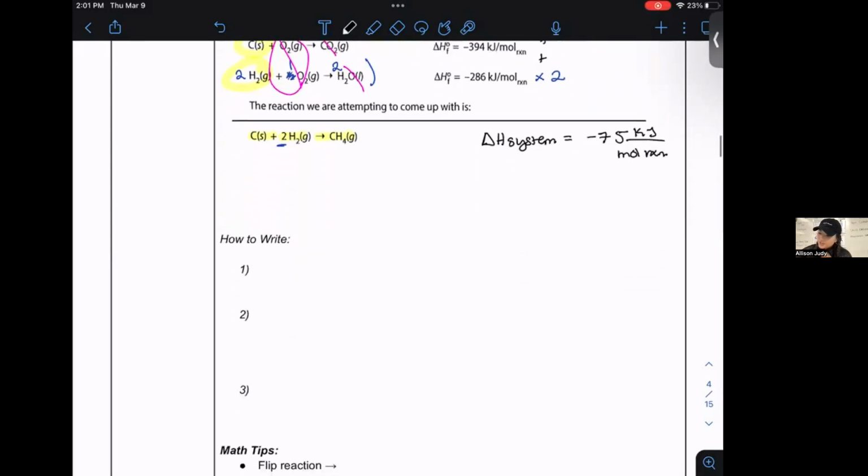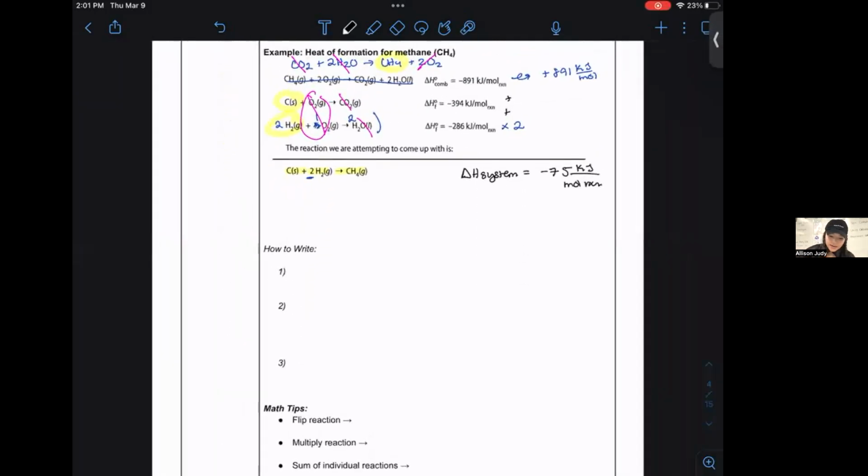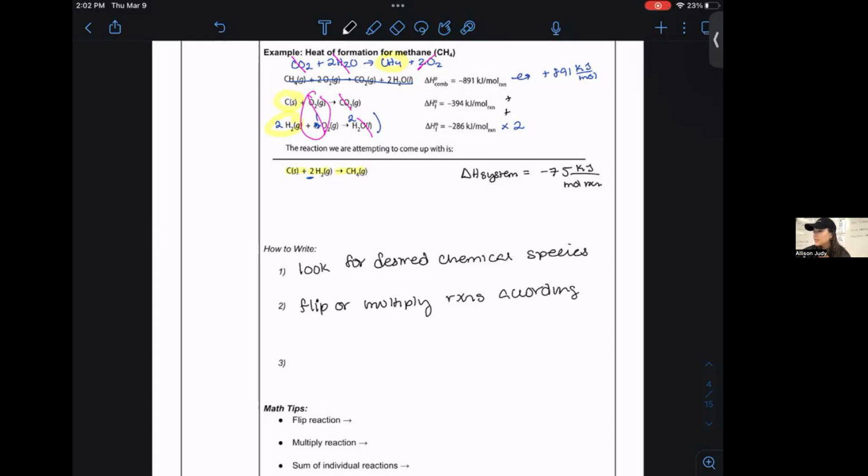Okay. So the biggest tip for you in how to write this: Step 1, find first, look for the desired chemical species. Step 2, flip or multiply reactions accordingly, until you get your species on the side you want them on, or at the proper ratio that you want them at.